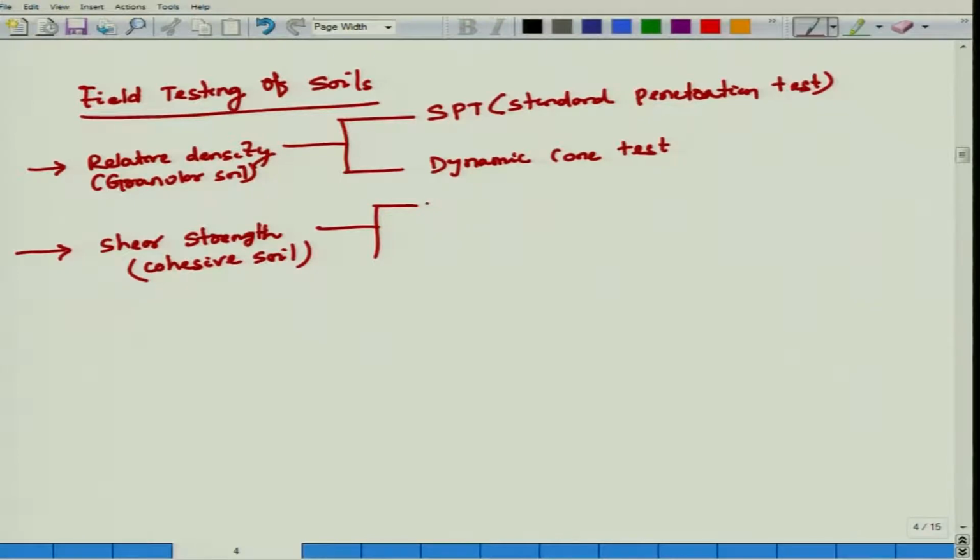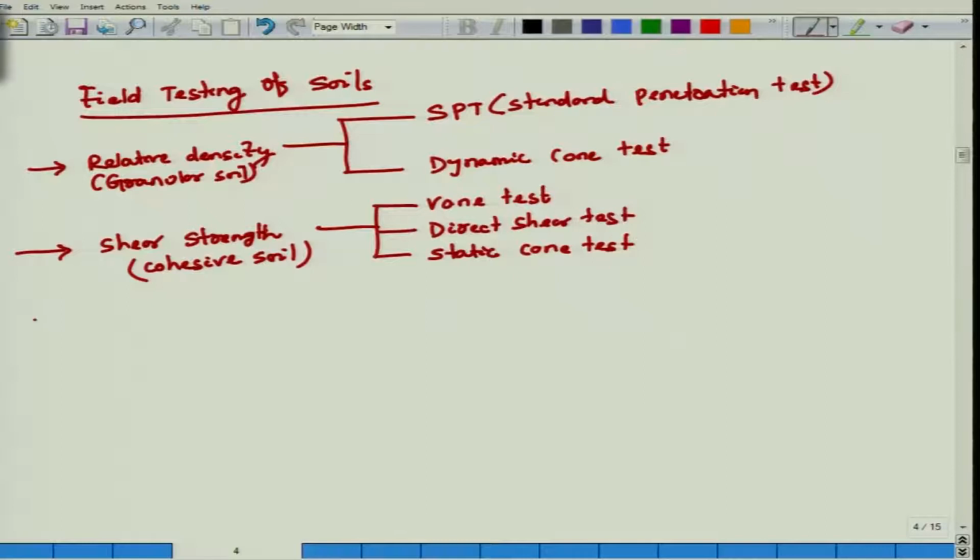Vane test, second one is direct shear test, third one is static cone test.